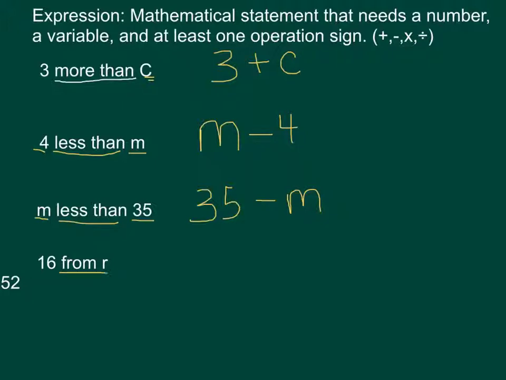From R is your hint. I had R, I had some cookies in the cookie jar, and 16 were taken from it. That's just a problem I made up. Do we know how many's left? No. But we don't have to. We just simply write the expression.